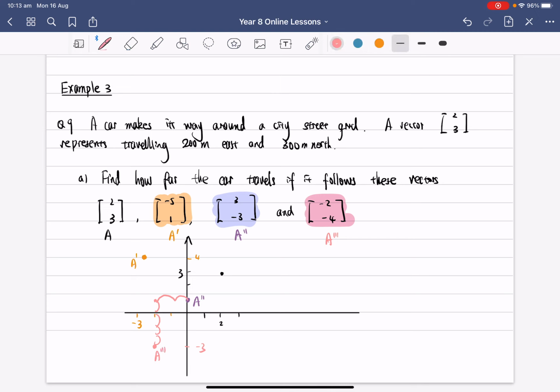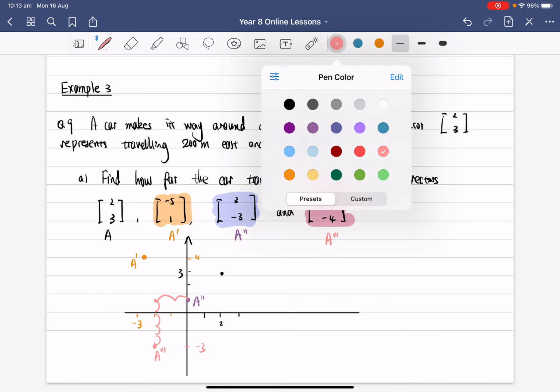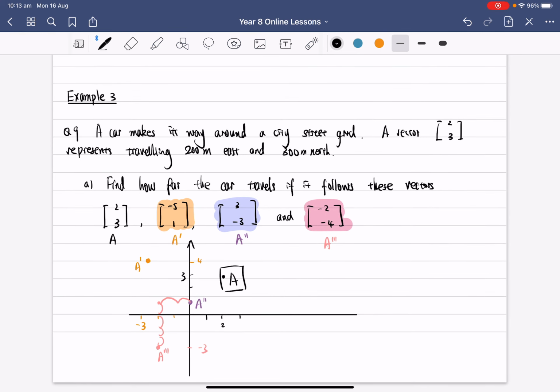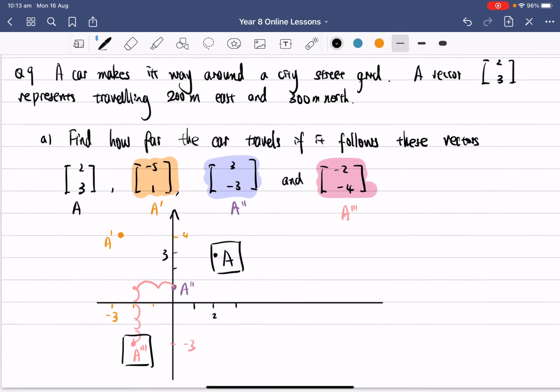Now the question asks how far the car travels if it follows these vectors. So what we are really thinking about is that the car is initially at this point, which is A, and the final position of the car is here. We can look at how far the car has traveled.